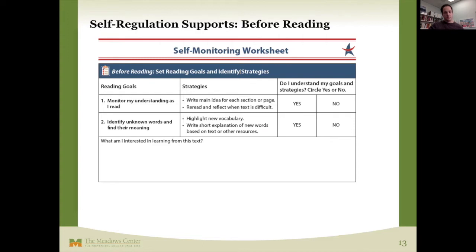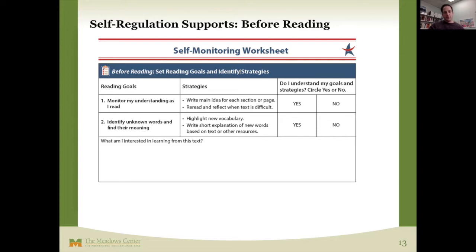The first reading goal is to monitor my understanding as I read. And that comprehension-focused reading goal was achieved through 2 strategies. The first strategy being writing main ideas for each section or page. And then the second strategy is to read and reflect when text is difficult.